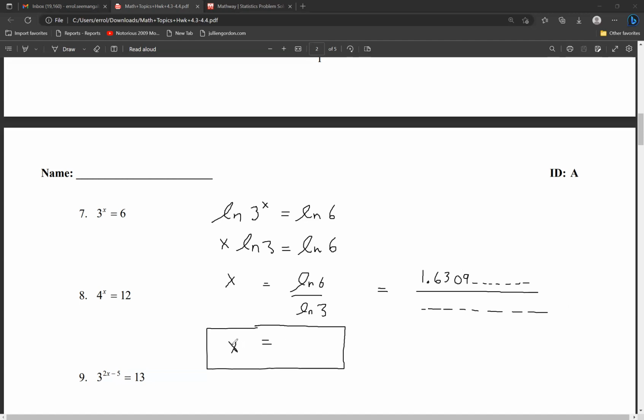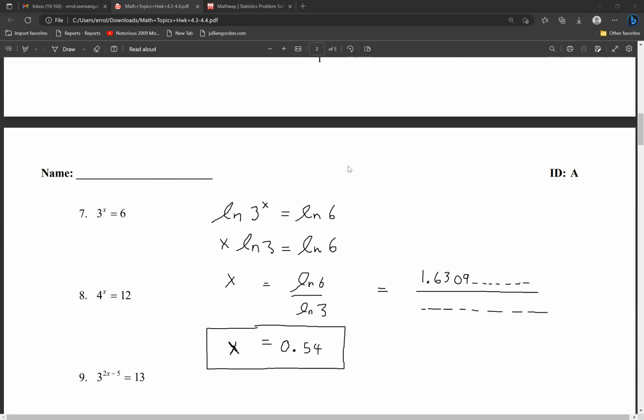Only round at the last step. Now it's 0.543643251. Just give me two decimals. Okay, 0.54. Okay, so let's check that one.